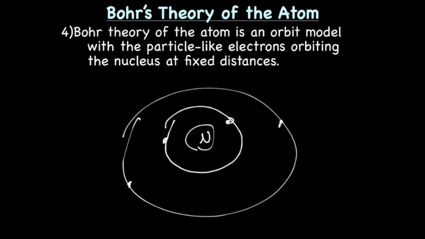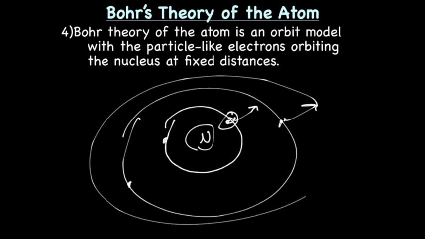If you add some sort of energy, for example electrical current, this electron could jump up to that energy level. This electron could jump up to the next energy level, but it couldn't hang out anywhere in between. And then the electron would fall back to a lower energy level, releasing light.